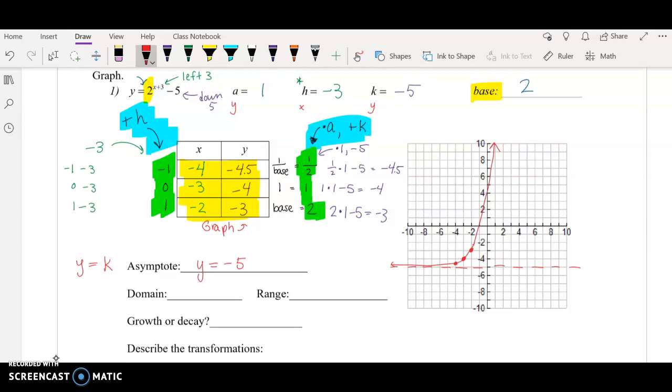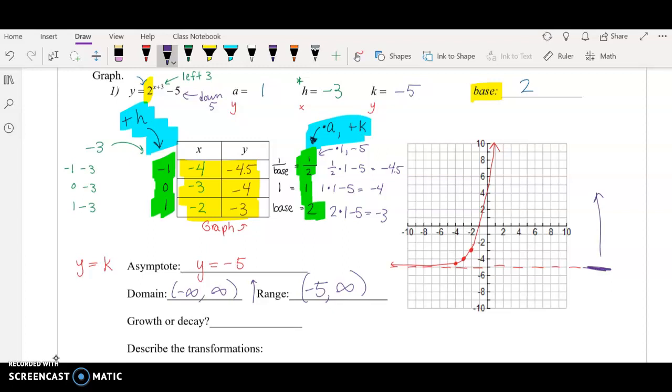For our domain then, from left to right, it's going to be -infinity to +infinity. All exponential functions are going to be that. Your range is low to high. So for this one, our graph starts down here at -5, but it never touches it because it's an asymptote, so it's a parentheses. And then it's pointing up forever, so that is a positive infinity.